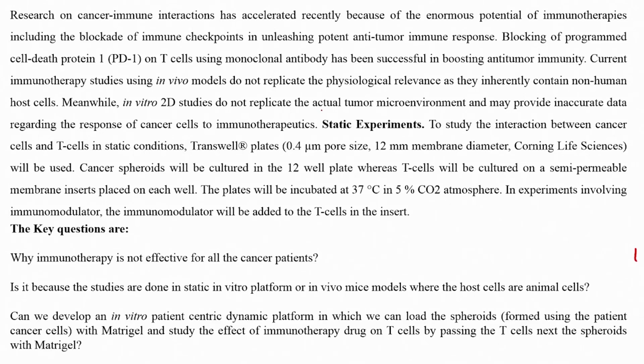So, if this is the method that is used and the results are obtained, there are some key questions that arise. First question is, why is immunotherapy not effective for all cancer patients, right. Is it because the studies are done in static, in vitro platform or in vivo mice models where the host cells are animal cells?